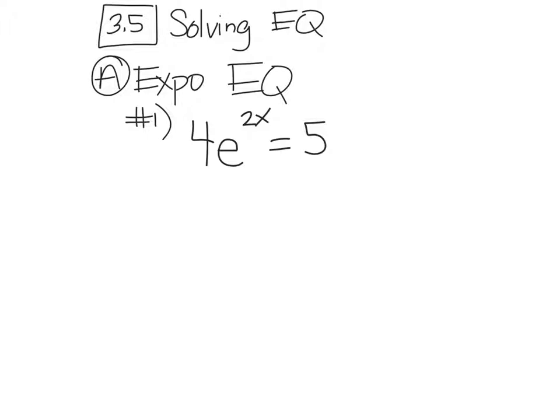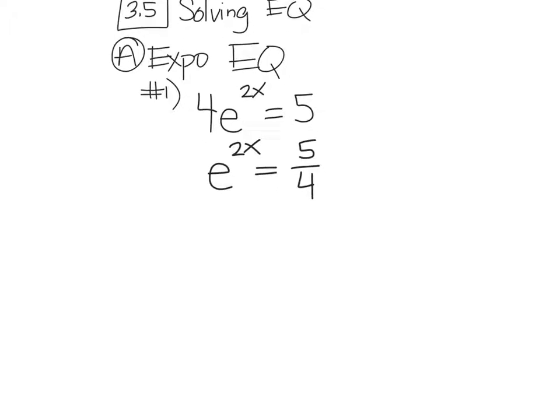So the first thing we're going to do is divide by 4, because we want to isolate this e to the 2x. Divide both sides by 4, and you get e to the 2x equals 5 over 4. Then you want to take the log of both sides. You could take the log of any base you want to. It doesn't matter. If my base is e here, I'll take the natural log of both sides. It just works out much better that way.